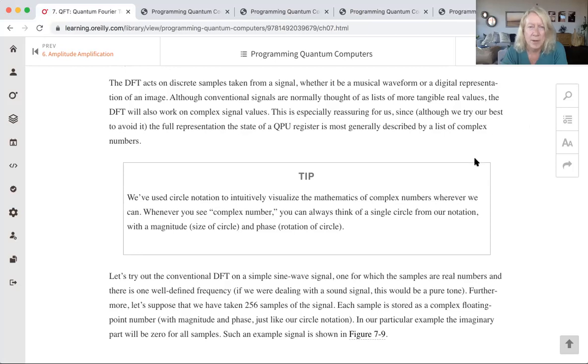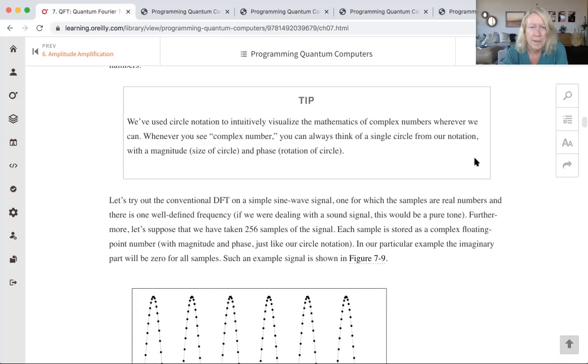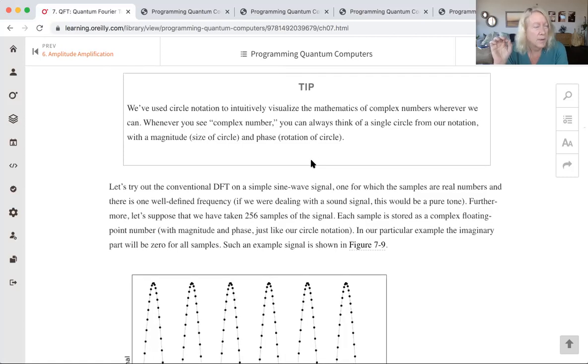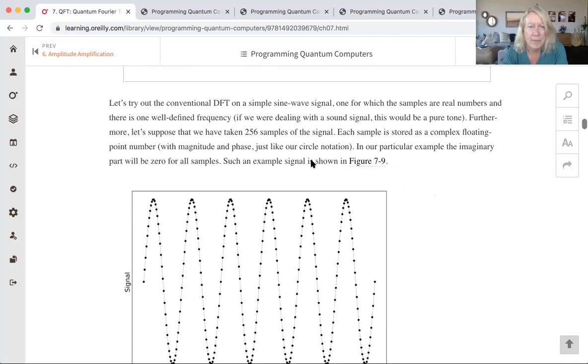And they start to talk about, even though they're not showing them to us, they say that is what is happening under the hood here. They say specifically, when you see a complex number, you can think of a single circle from our notation with the magnitude and phase. They're trying to abstract this to a higher level so it can be more accessible, but they really are skipping over a lot of the math.